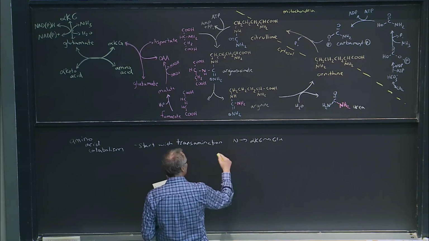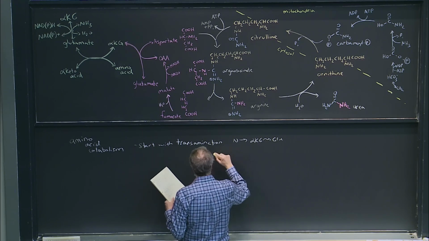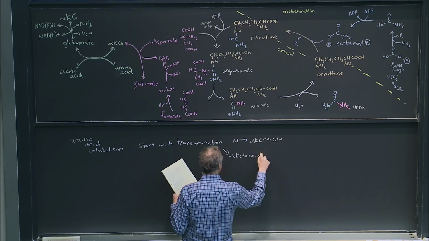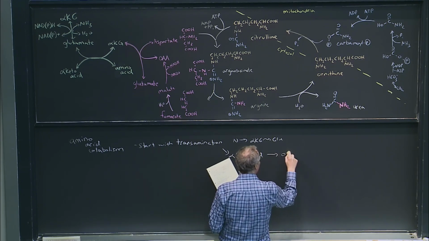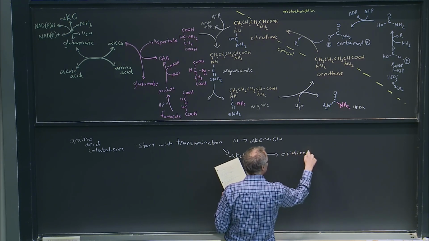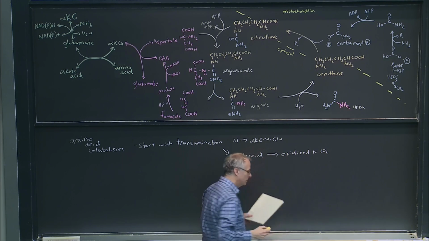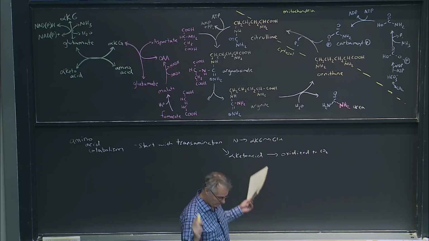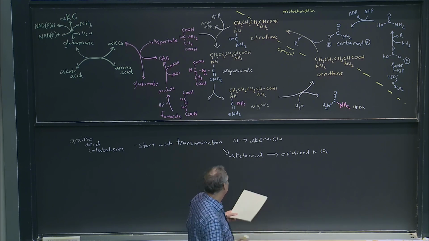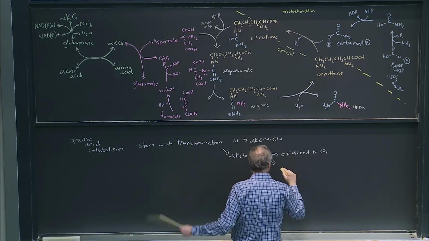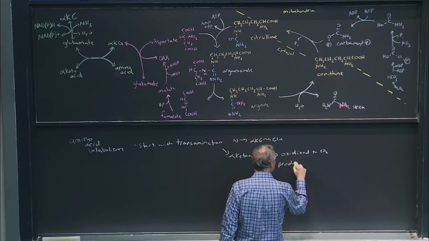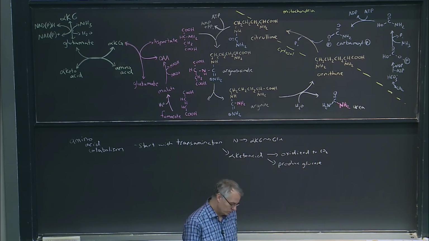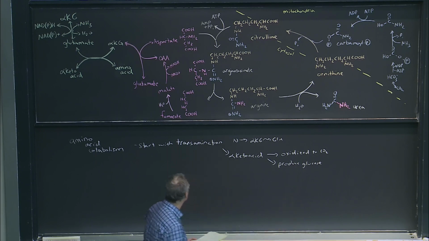Okay? And what does that leave you with? That leaves you with an alpha keto acid related to the amino acid that can then be oxidized to CO2 using various pathways, burn it and get energy, just like we've described for carbohydrates and fatty acids, or of course, in some cases produce glucose or some other molecule that can then be used to support gluconeogenesis in the liver, keep glucose high in our blood, okay?